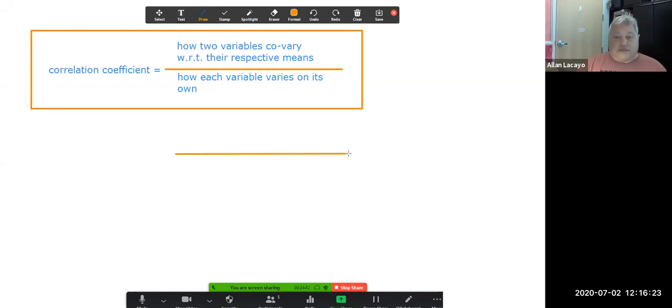So what we're going to do is measure how variables covary. We will have individual values of x, the horizontal, so-called explanatory factor, and we will be comparing that to the mean of x for each and every value.